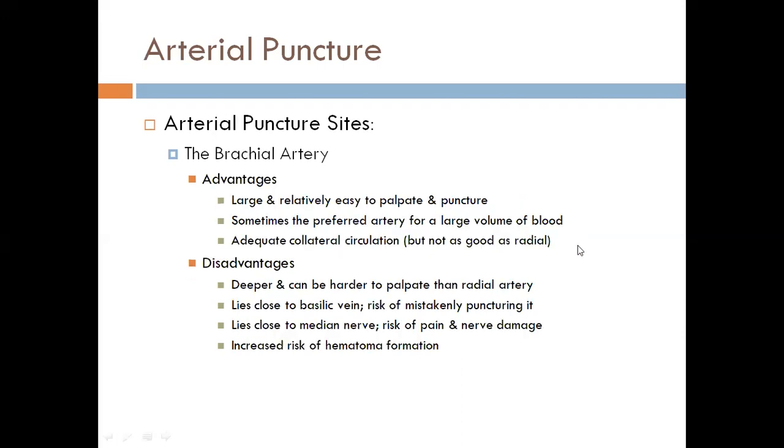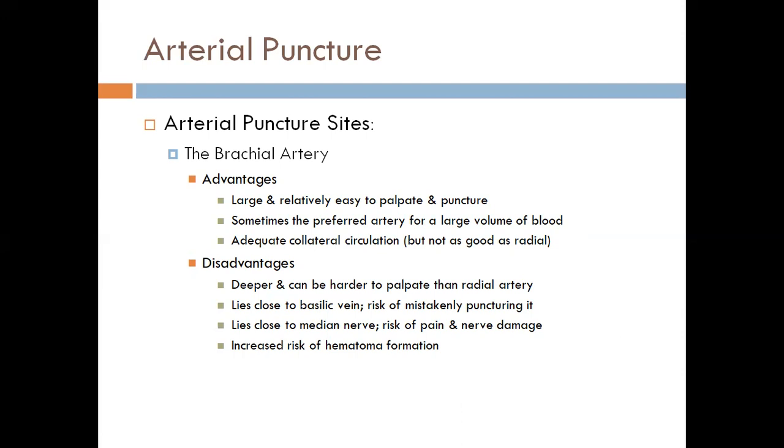Okay? So next site is the brachial artery. Siyempre, kung meron tayong first choice, meron din tayong second choice. Pero sa site lang class ha, pagdating sa lab, wala dapat second choice. Okay? So the brachial artery is considered as the second choice for arterial puncture.